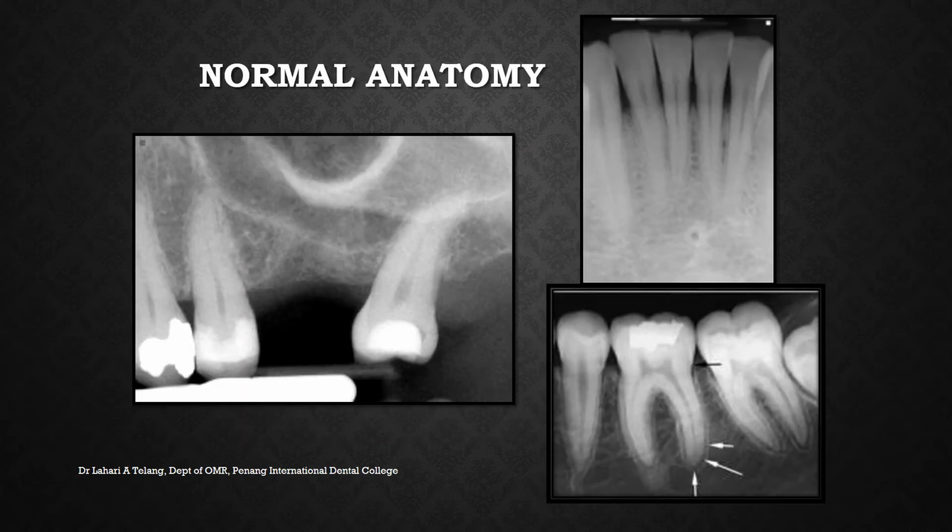So let us look at some normal anatomy that could mimic radiographic appearances that we were talking about. Just keep in mind how the maxillary region looks, how the mandibular anterior region looks, or how the mandibular posterior region looks. The arrows here are pointing towards the CEJ and the lamina dura.